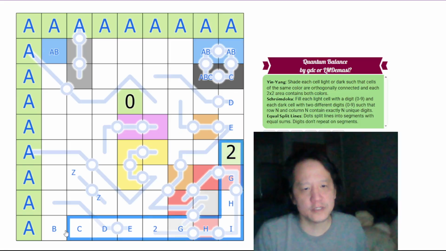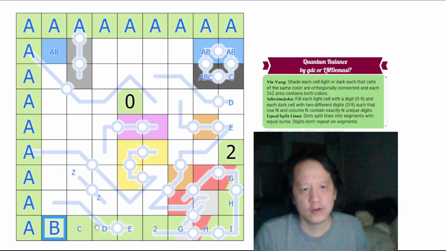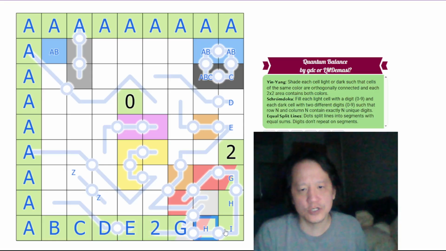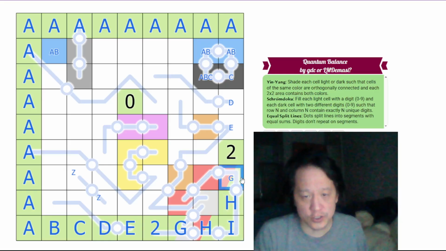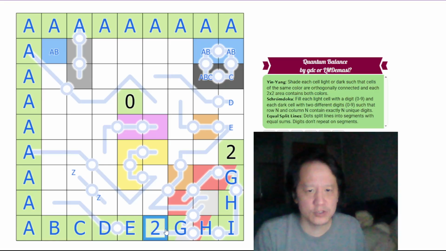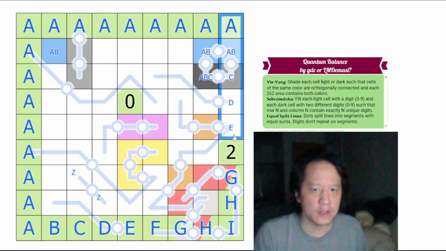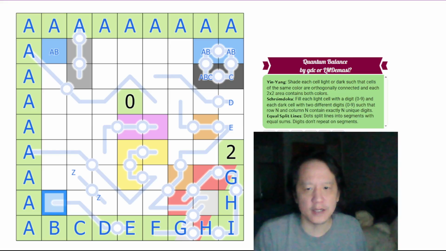This is guaranteed then to be all green. So again, we would have B, C, D, E, 2, G, H, I, then H and G. Would that be 2? Maybe that would be F, right? 2 could technically be any from A through E here. This would be blue as an AB, though.